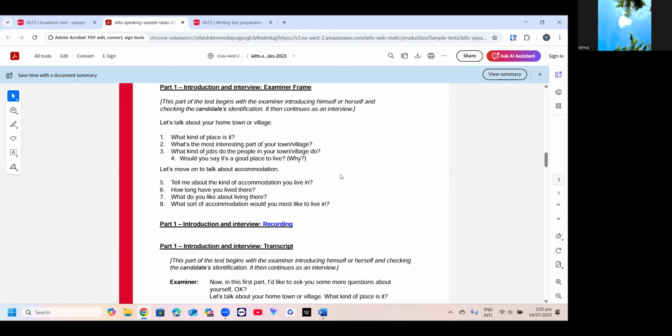So these are typical part 1 questions. Ding Lam, how many sentences should you give in your answer to a part 1 question? 2 or 3 sentences. Correct. 2 or 3 sentences.